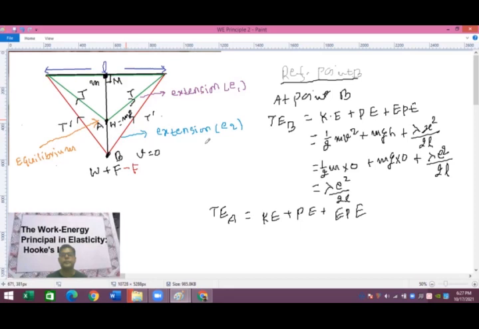Here we talk about the system working under frictionless conditions.